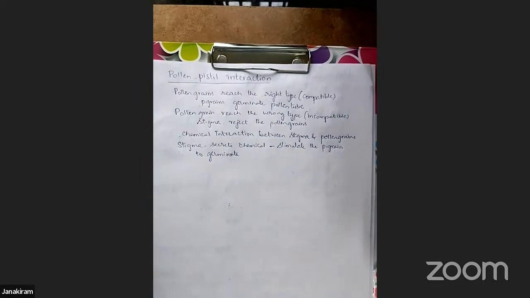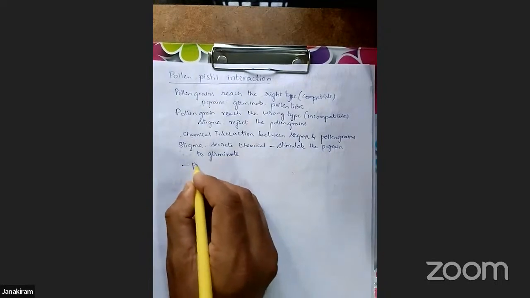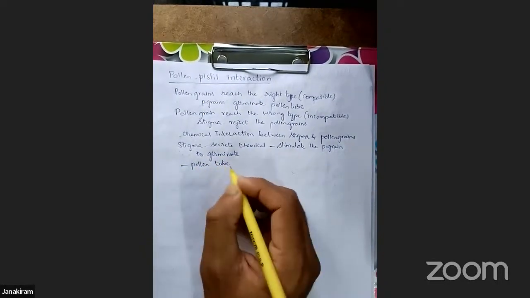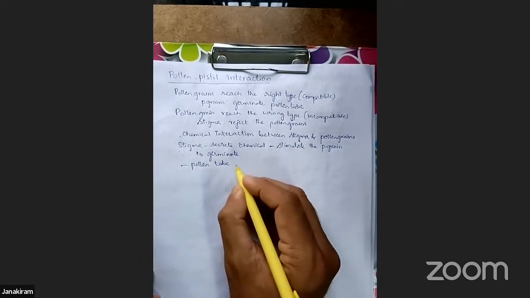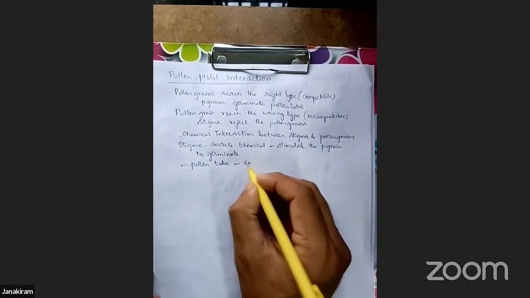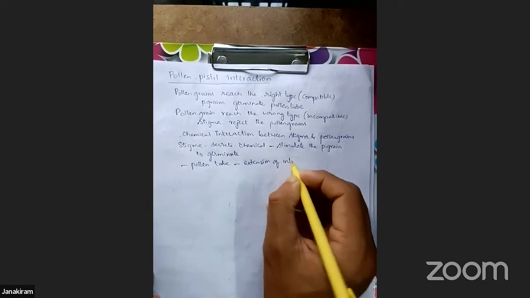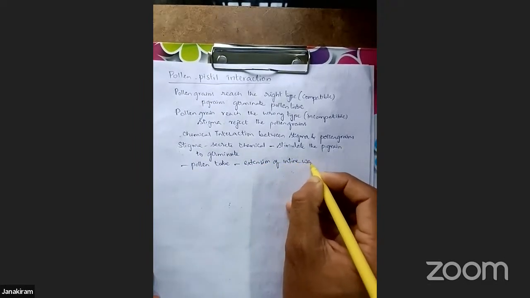So pollen pistil interaction not only includes this step, but further the pollen tube has to pass through. The pollen tube that has been formed from the pollen grain is nothing but the extension of the intine wall of the pollen grain.